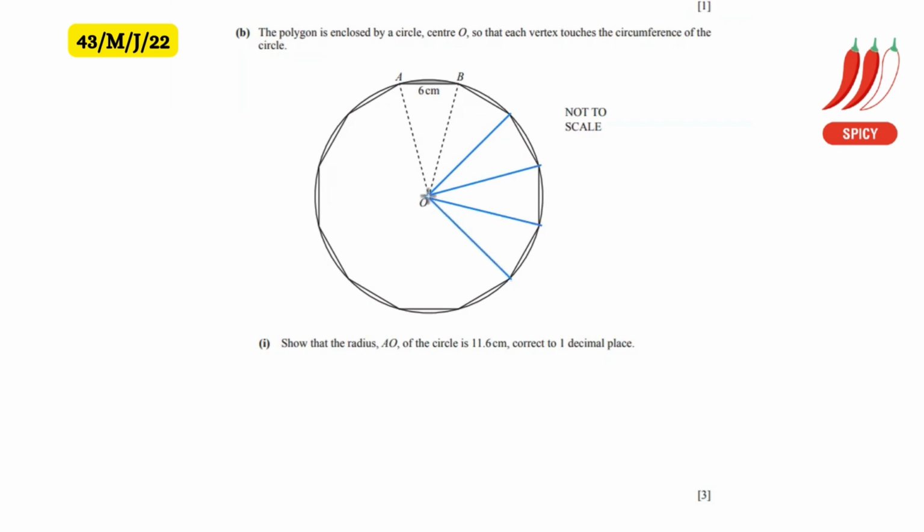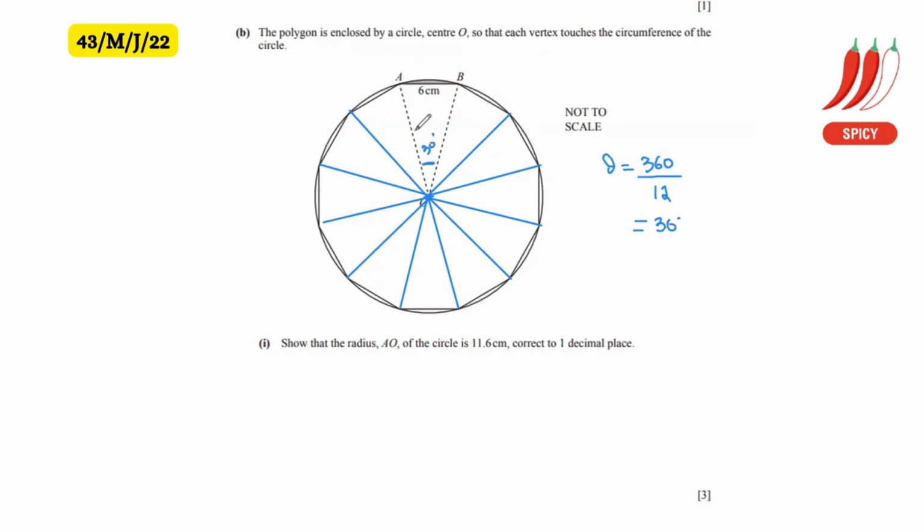And as you can see, we can make 12 identical triangles in this polygon: 1, 2, 3, 4, 5, 6, 7, 8, 9, 10, 11, 12. So if we divide 360, which is the sum of angles at a point, by 12, that gives us 30. This angle is 30, and so are all of the other angles. They're all 30.